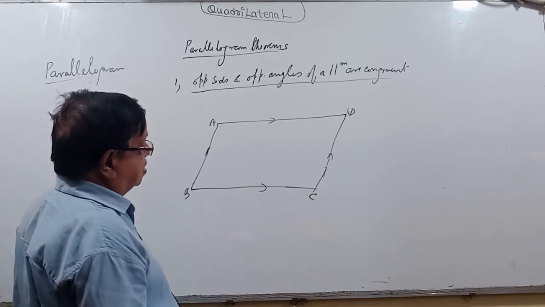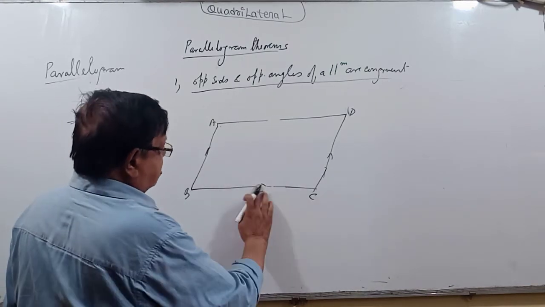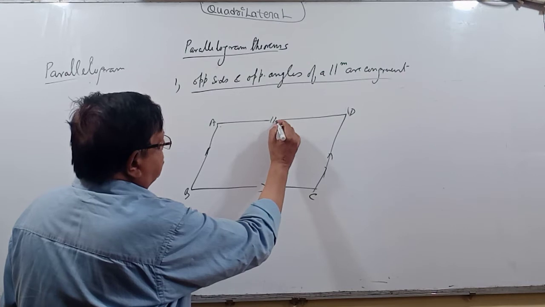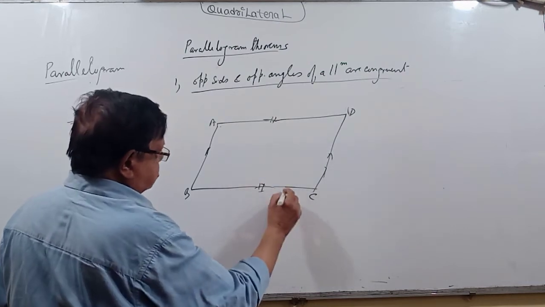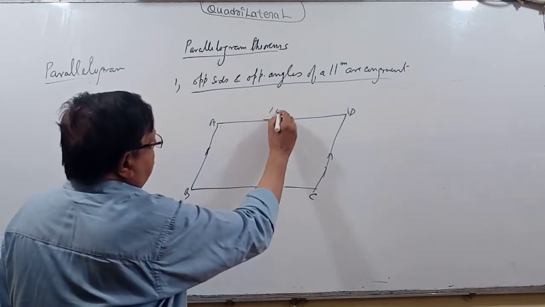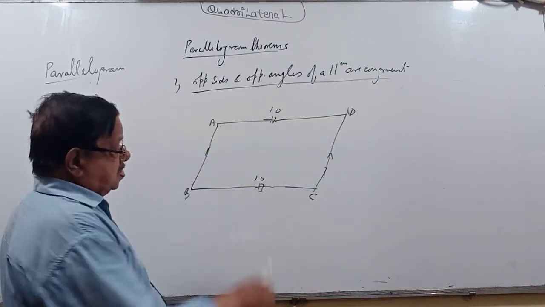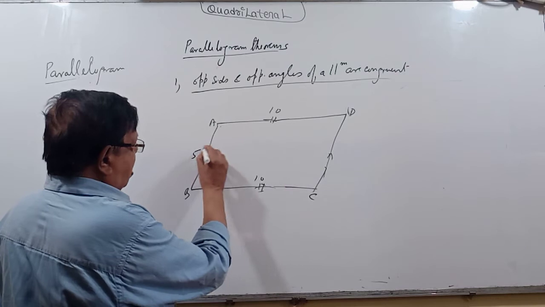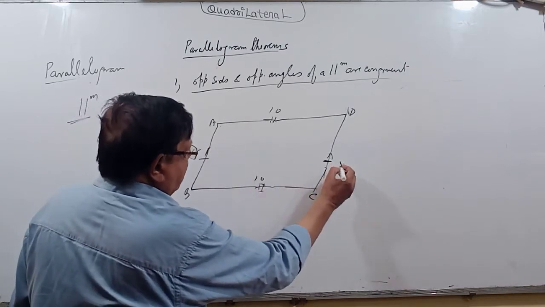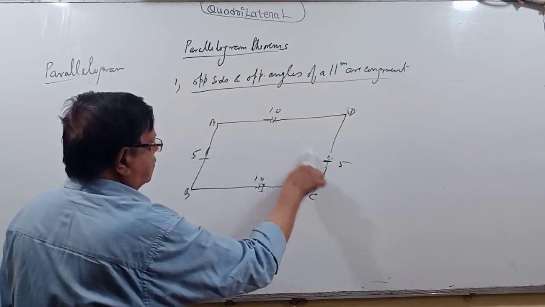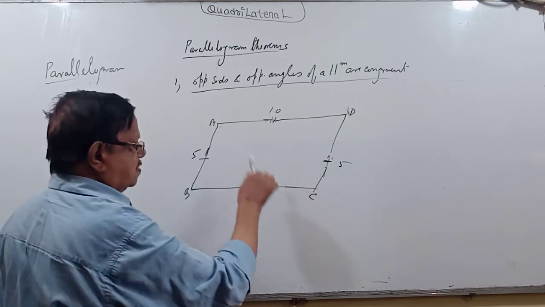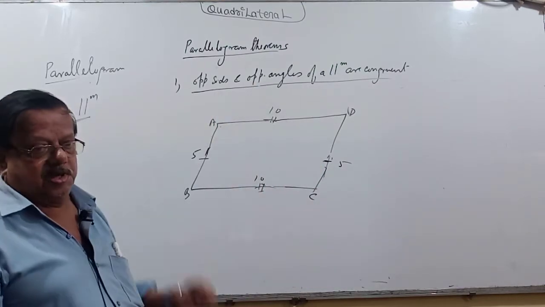Opposite sides are congruent. That means this is congruent to this. If this is 10, this also will be 10. That's what the theorem is saying. If this is 5, this also is 5. This is congruent to this and this is congruent to this. That's the first part of the theorem.